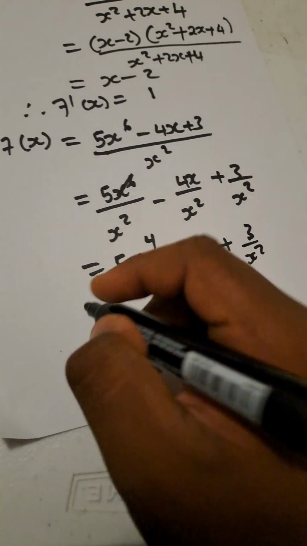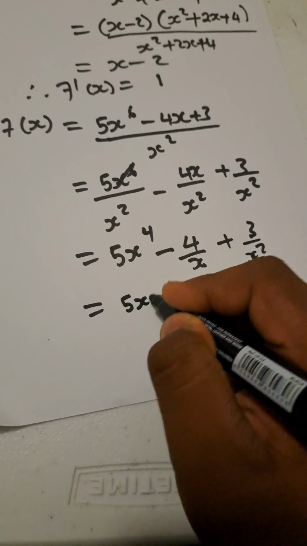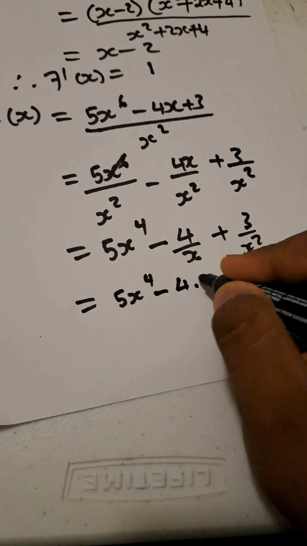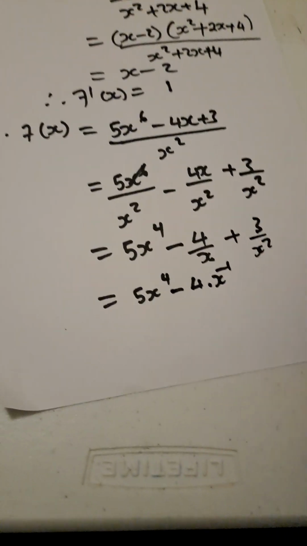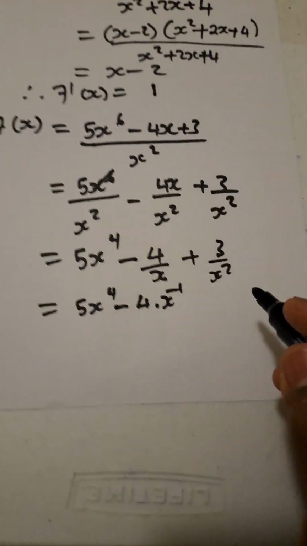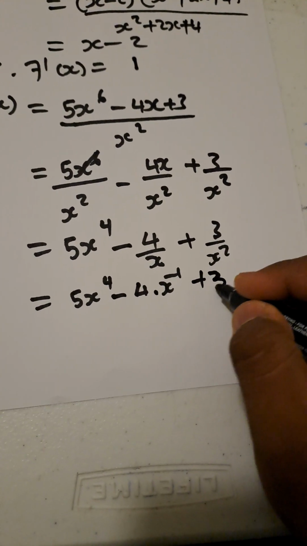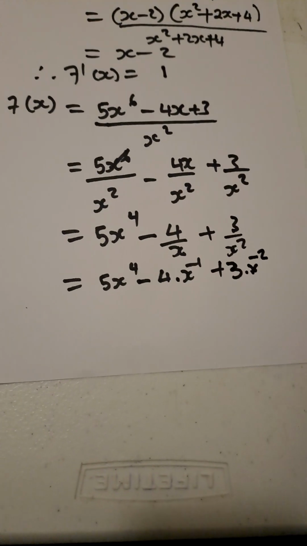I want to show this step by step, so I'll leave it as 5x^4, but for this one it can be minus 4 times x to the power of minus 1, and then plus 3 times x to the power of minus 2. That's how it works.